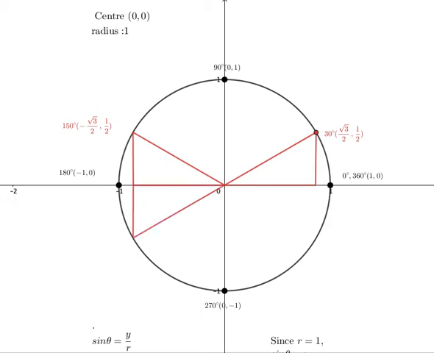The quadrant 3 related angle to 30 degrees is 30 degrees more than 180, which is my 210 degrees. 210 degrees has a cosine ratio, so the cosine of 210 degrees is negative root 3 over 2. The sine of 210 degrees is negative 1/2.